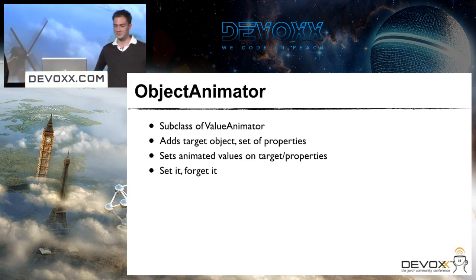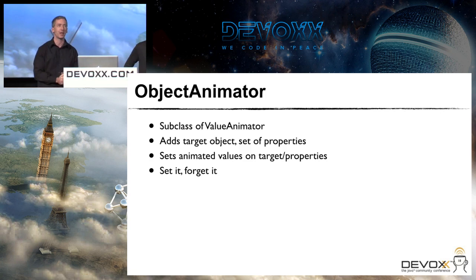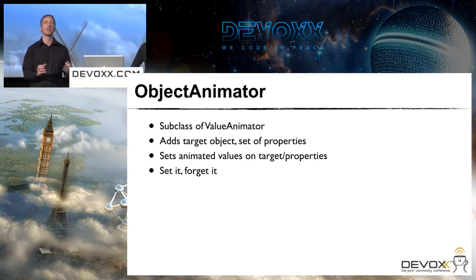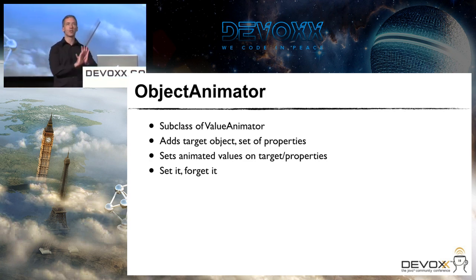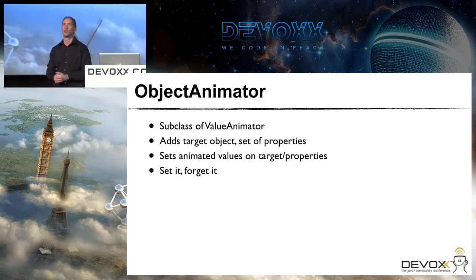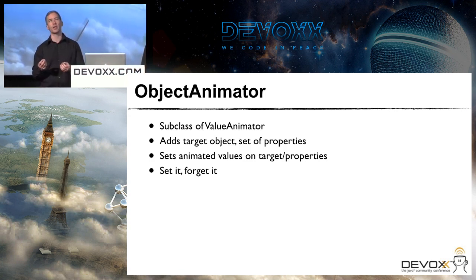It is a subclass of ValueAnimator, so it's got all the capabilities that we talked about with ValueAnimator, but instead of needing to plug in and get the animation update events and then calculate values and then set them on the target objects, you can just have the animation system do that for you. Why do work? The twist with ObjectAnimator is it will calculate the values because it's a subclass of ValueAnimator, but it will also take the target object and the property or the set of properties that you specify and just deal with the object directly. So it's basically a set it and forget it model.